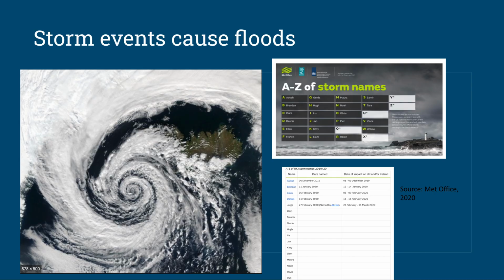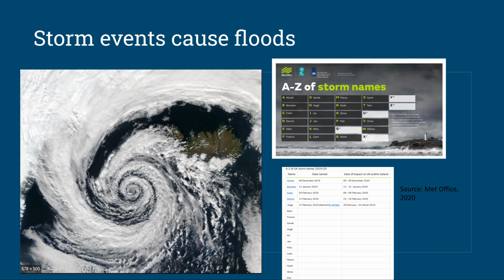So one thing that the examiner is very keen for you to understand is the link between storm events and flooding in river basins. So you can see here a typical satellite image of the clouds from above. This would be the northern coast of Scotland here, and this would be the typical swirly pattern of a storm over the United Kingdom.